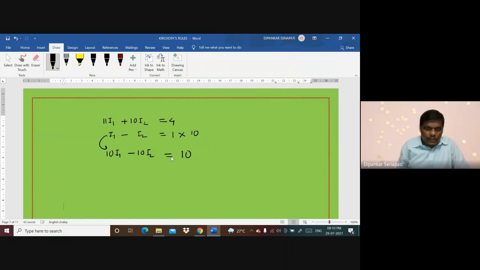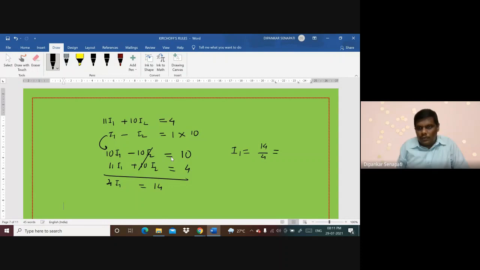This equation, and this equation is 11 I1 plus 10 I2 is equal to 4. So we can solve for this. The 21 I1 will be equal to 14, and we are getting I1 is equal to 14 by 21, that is equal to 2 by 3 ampere.